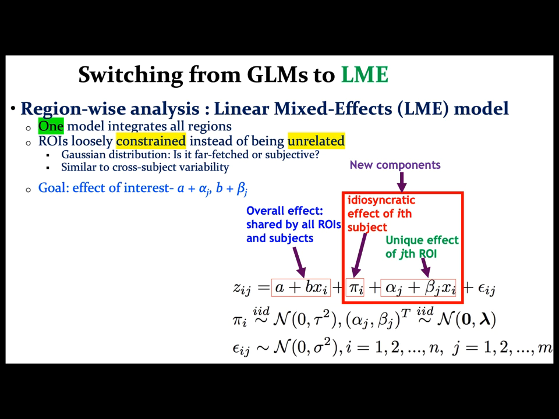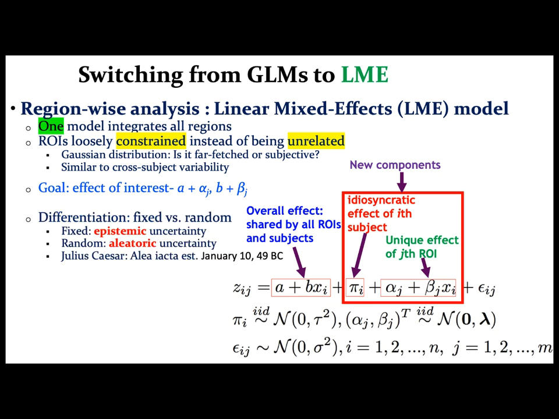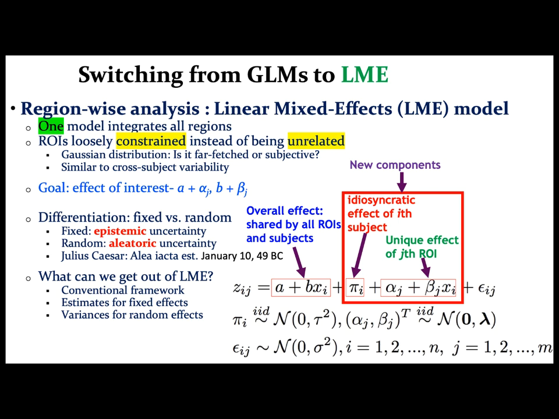But under this linear mixed effects form, we can't get what we want. That's the problem. Even though this model is nice, because we have just one model and don't need to worry about multiple comparisons, we can't get what we want.